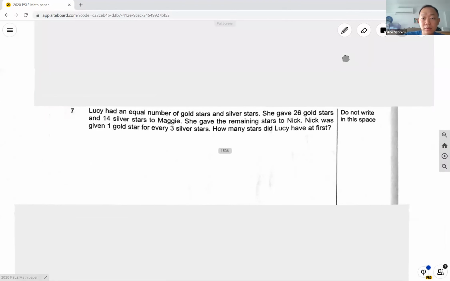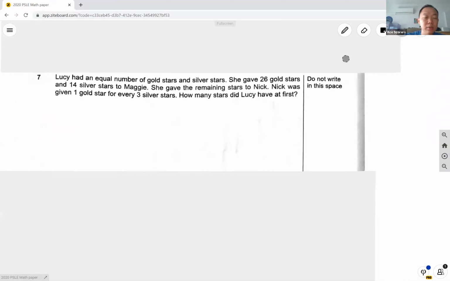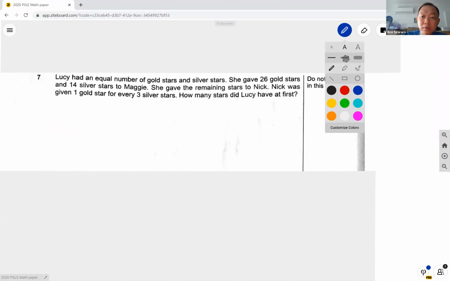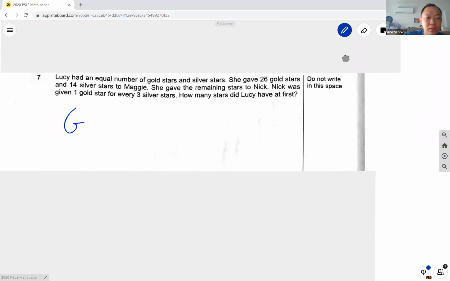Okay, next one. Lucy had an equal number of gold stars and silver stars. Okay, I'm gonna choose a thicker pen. So she gave 26 gold stars and 14 silver stars to Maggie. So let's start with gold and silver.